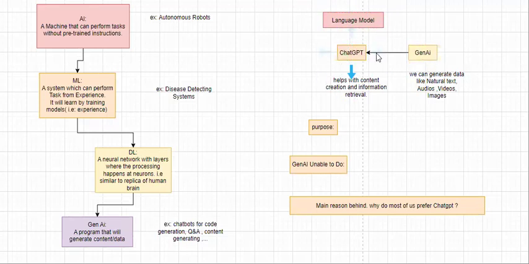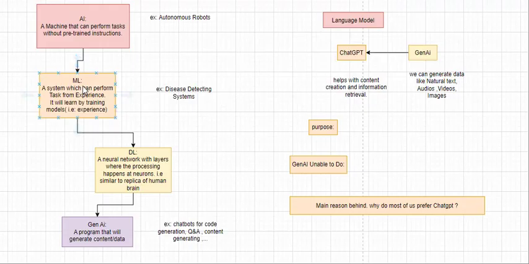This ChatGPT is a language type model where it will take text data, process the data and provide me the response, right? Okay. So from this, we can say that this is not an AI because it's not a machine. So we can consider this ChatGPT is not an AI.